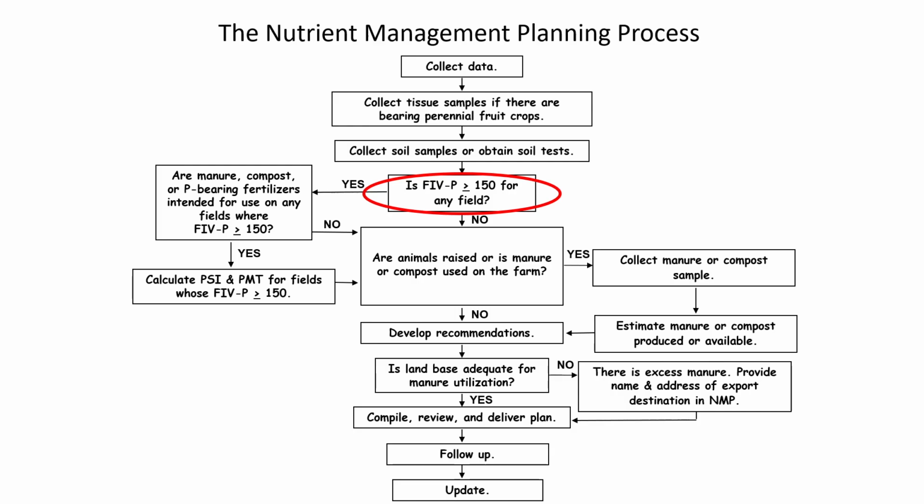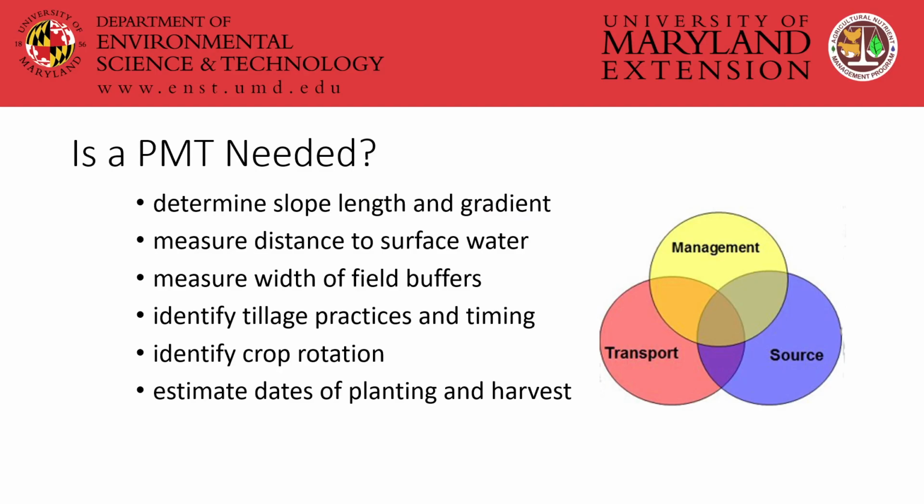This is where we get into what Brian talked about. Is that FIV P greater than or equal to 150? And then you get into some additional data collection for the phosphorus management tool. So again, some of what Brian talked about, you need your slope length and gradient. If you have mapping software, you can do it there.